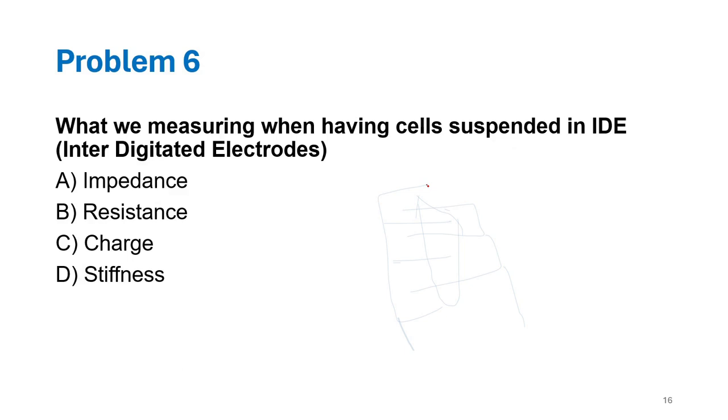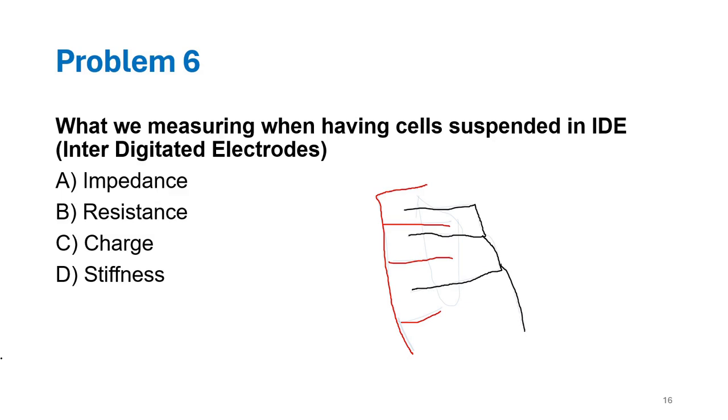So we know that these are our interdigitated electrodes, right? We have two interdigitated electrodes. Then we are having some sort of analyte in between them.